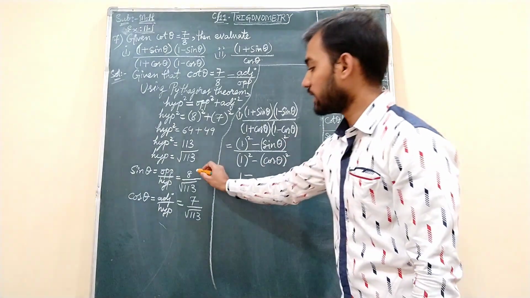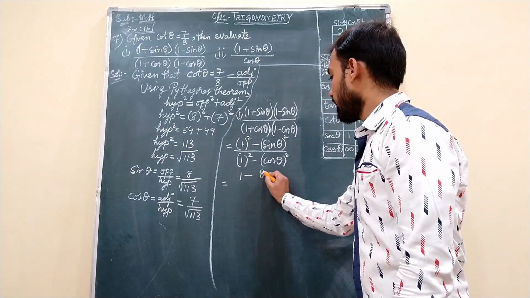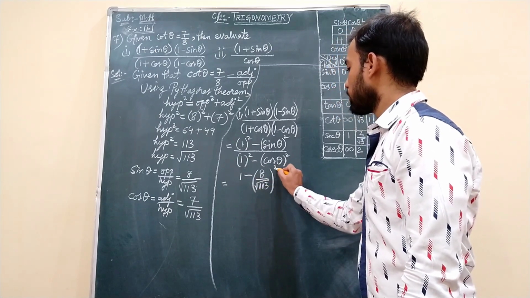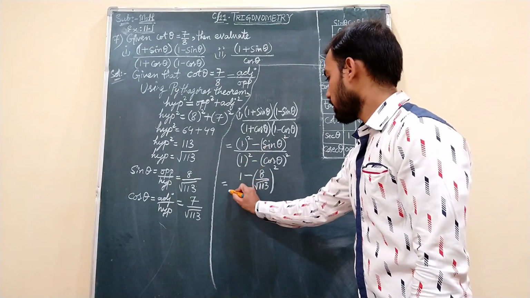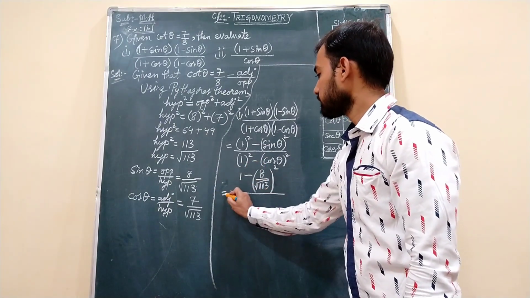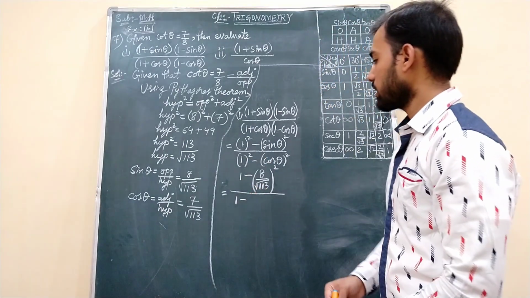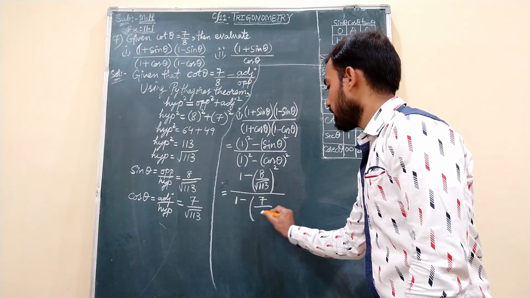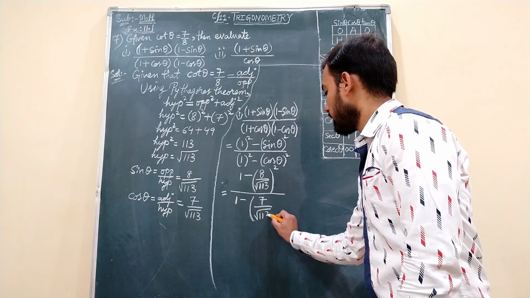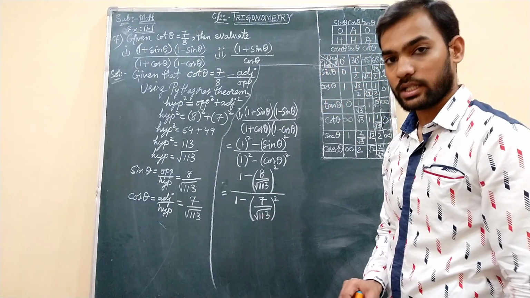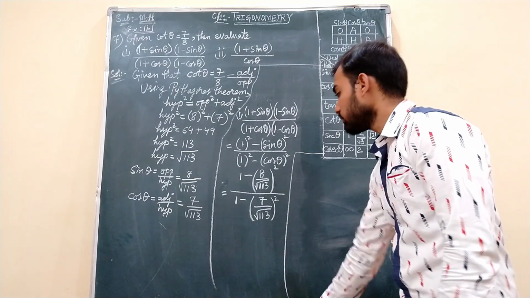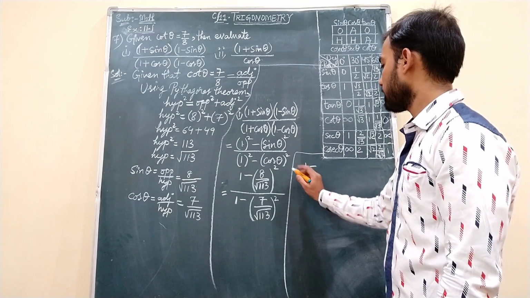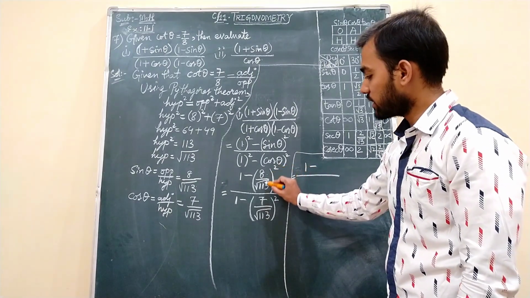Here 1 square is 1. Sine theta square, what is sine theta? 8 by root 113, so (8 by root 113) whole square. In the denominator, 1 square is 1 minus cos theta square, and cos theta is 7 by root 113, so (7 by root 113) whole square. The square is there for both.